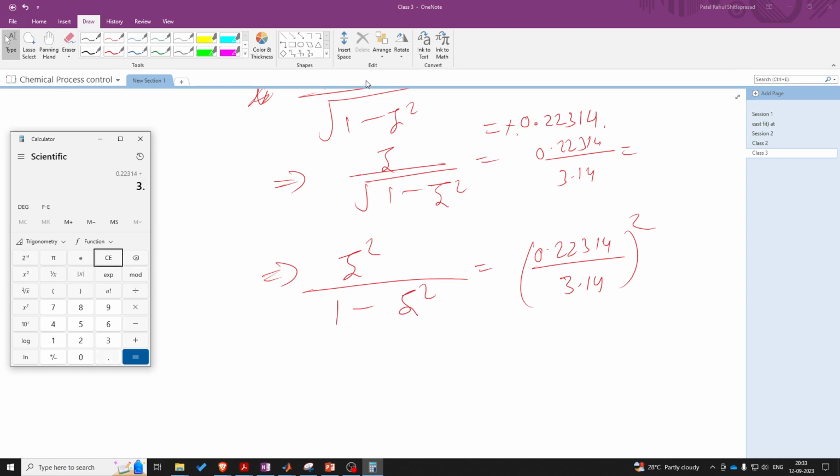0.22314 divided by 3.14 and square of this whole thing. So this is approximately equal to 5 into 10 raised to minus 3. That is, let's just call it 5.05 into 10 raised to minus 3.